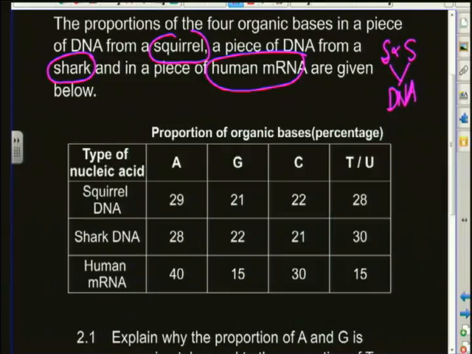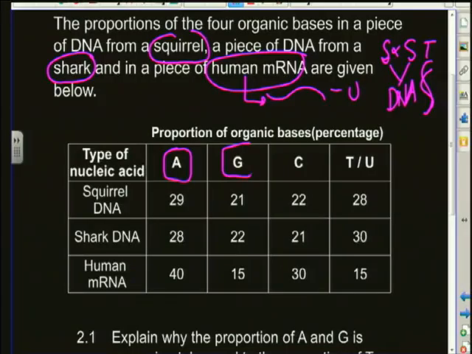DNA is different to RNA. Remember why? It has a double helix and it has thymine as one of its bases. Whereas the humans we've been given as RNA, so it's a single strand, and we're going to find uracil as its base. Now let's see if we can answer the questions.